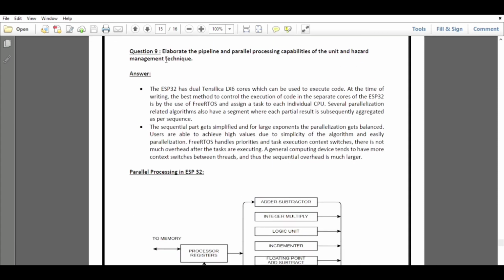Coming to 9th question, elaborate the pipeline and parallel processing capabilities of the unit and hazard management technique. To execute the code, dual Xtensa LX6 cores are used in ESP32.